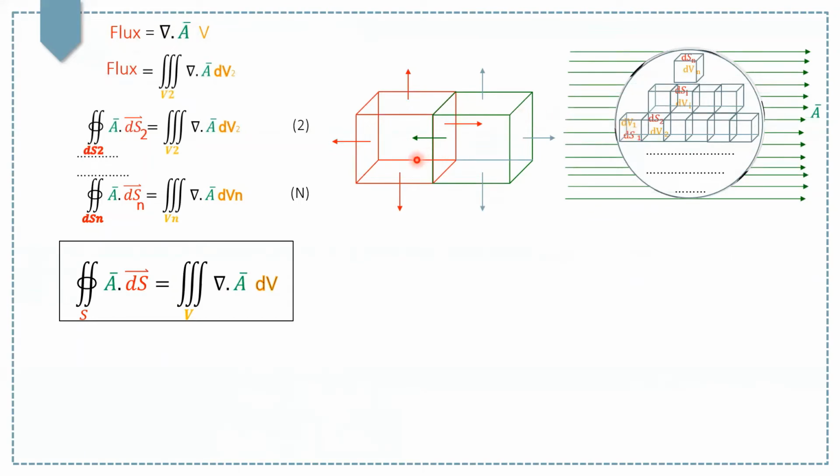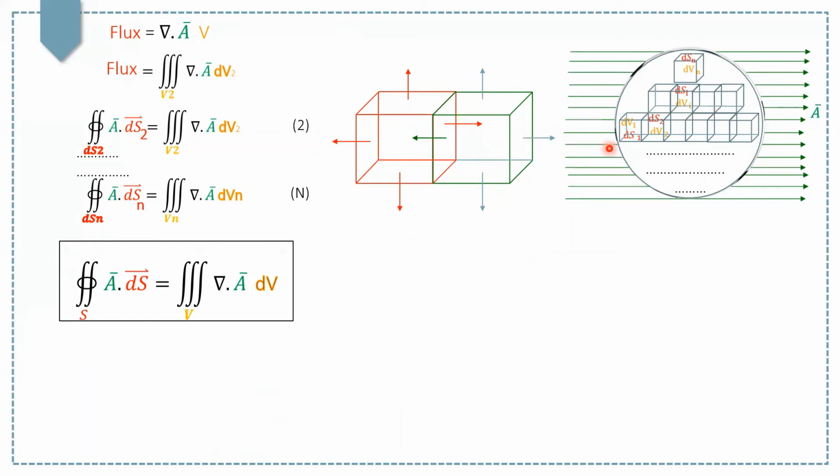Here, the outer flux of volume 1 is shown by the red arrows, and the outer flux of volume 2 is shown by the green arrows. At the common surface between both volumes 1 and 2, the fluxes from both volumes are opposite to each other, and hence they cancel each other.